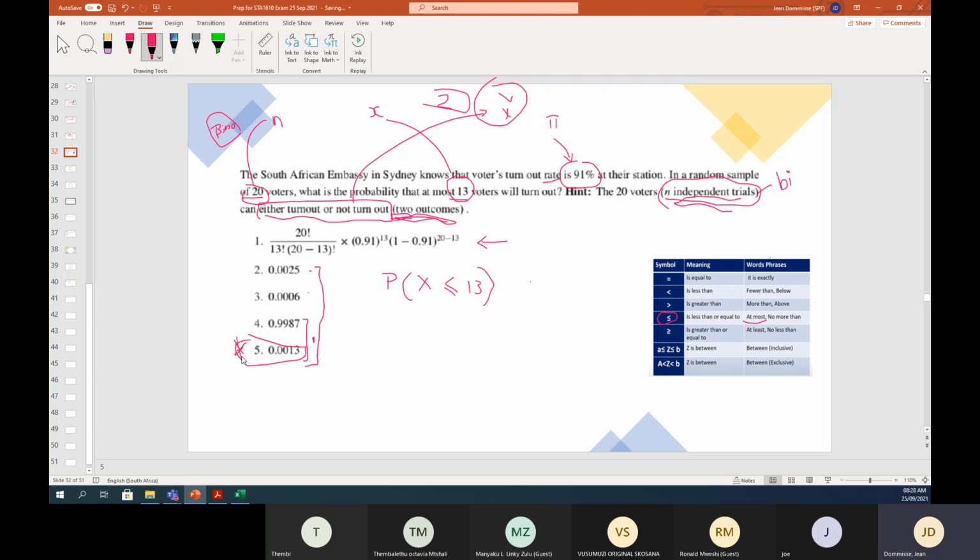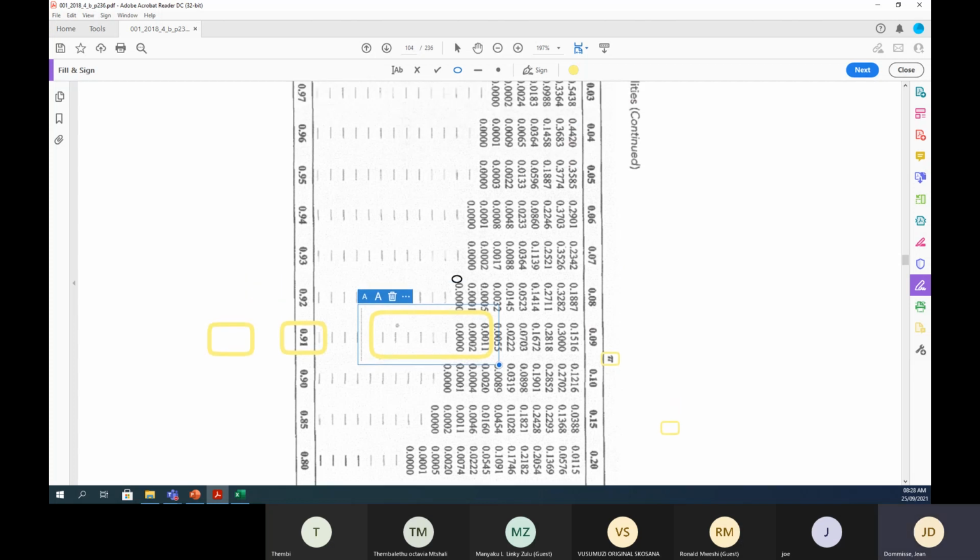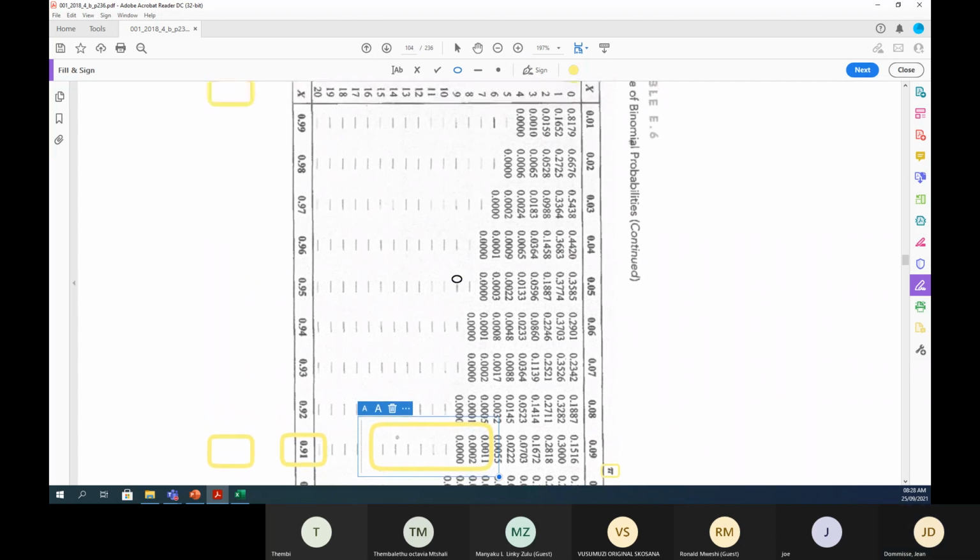Okay, see, so the problem with this one, and the difficulty, is if we have done it the other way around, if we kept that 0.91 there and we've worked down to 13, actually it would not have given us that, which is cool.